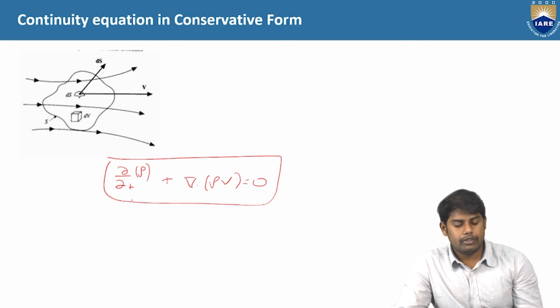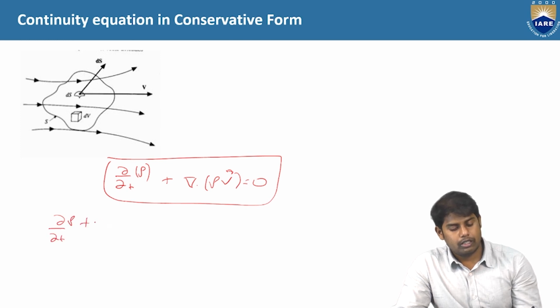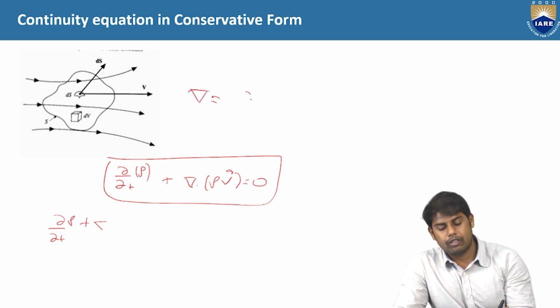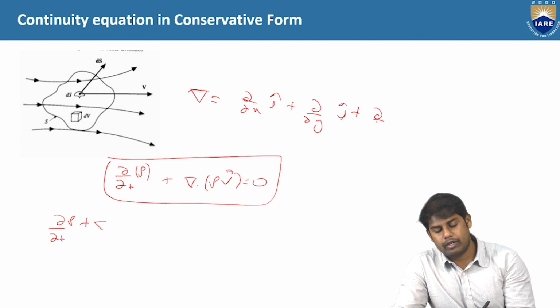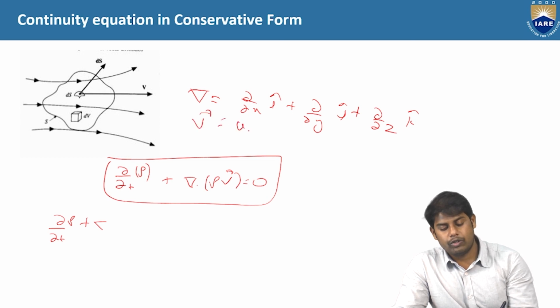Here you can see it is written in vector notation. If you expand this, dou by dou t of rho plus del dot rho v. What is del? Del is nothing but dou by dou x of i cap plus dou by dou y of j cap plus dou by dou z of k cap. The velocity vector is u i cap plus v j cap plus w k cap.